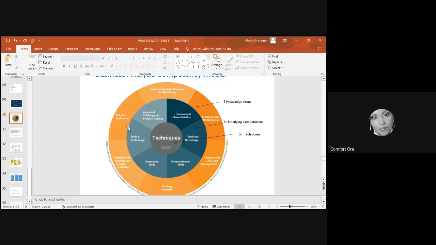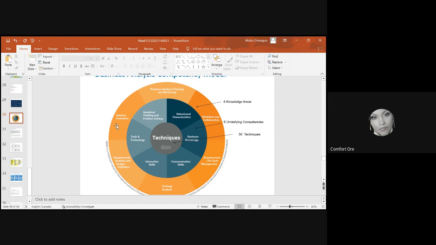There's going to be a solution. Now, BABOK lists it like this circle, but this is not how it happens in real life. In real life, there's a problem, and then we evaluate it.